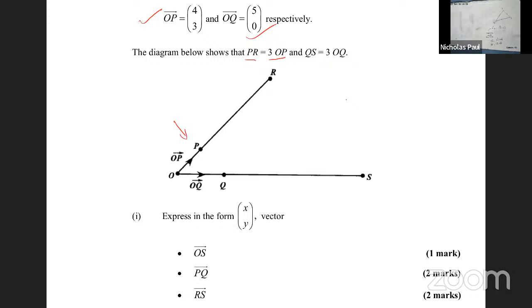That's okay? But I have a little question for you. If PR is 3 times OP, then you multiply OP by 3. But then what fraction do I put on the line here? A third or a quarter? Think about it.